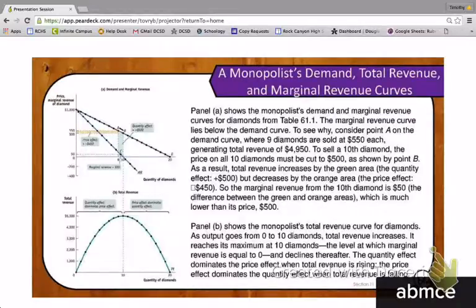So the marginal revenue from the 10th diamond is only $50, the difference between the green and the orange areas, which is much lower than its price of $500.